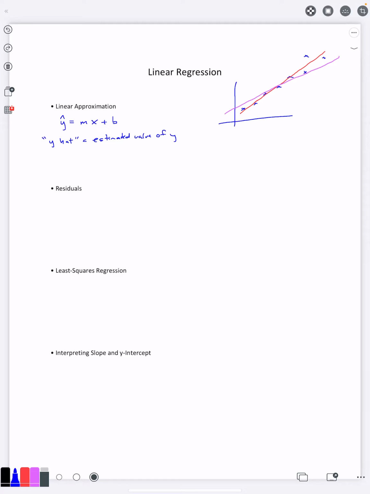So the data point is the actual value of y. Y hat is the estimated value of y. So they're not necessarily the same thing. They're only going to be the same if our line actually goes through that point, which is not generally going to happen. So we need to have two different symbols for them so we can talk about the difference between the actual value and the approximated value. And so the actual value is y. The approximated is going to be the y hat here.